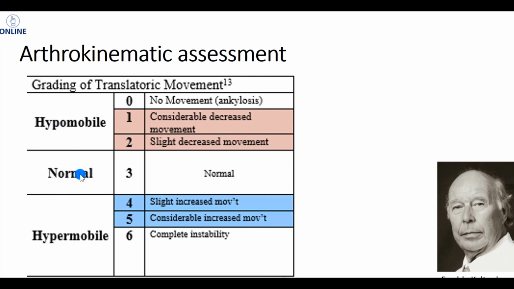Is something normal, which means it's moving an appropriate amount for that joint? Or is it hypermobile? Someone with generalized ligamentous laxity might be hypermobile at multiple joints. We can compare this to what we think it should be for that particular joint. We also can compare this to the other extremity to see how much that other one is moving in comparison, so right versus left, side by side.